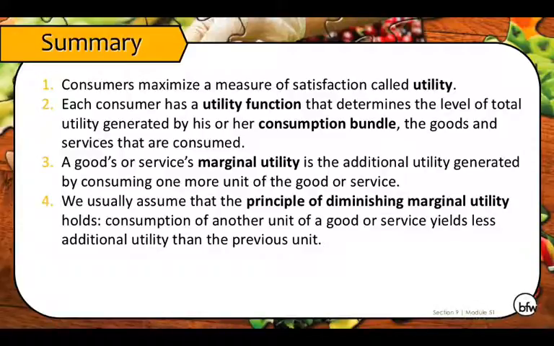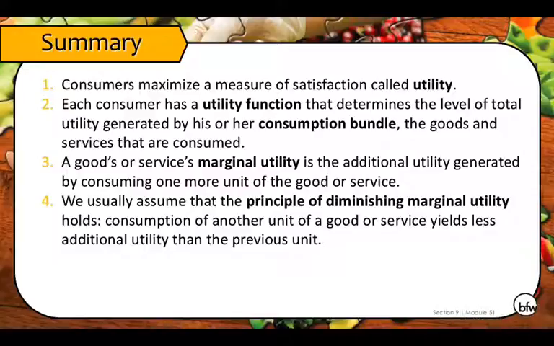So in this final module in Unit 3, which is entitled Behind the Demand Curve, looking at consumer choice and how consumers make choices in a free market, we've learned in Module 51 on utility maximization that consumers maximize a measure of satisfaction called their utility. Each consumer has a utility function that determines the level of total utility generated by his or her consumption bundle, the goods and services that are consumed.